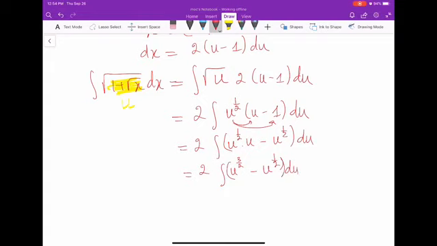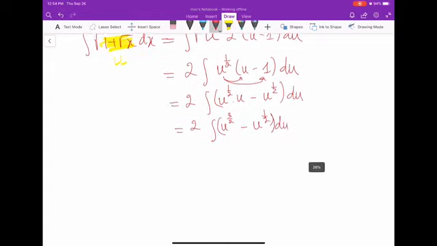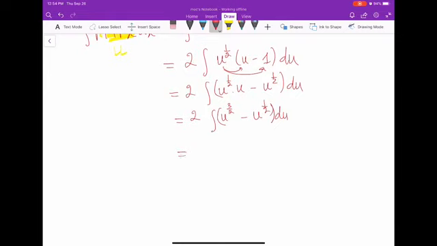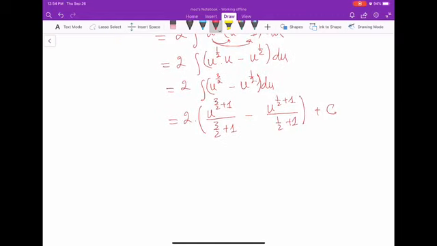And now I use the power rule for integrals. I get 2 times (u to the 3/2 plus 1 over 3/2 plus 1, minus u to the 1/2 plus 1 over 1/2 plus 1), plus c. You see, it looks not really bad, right?